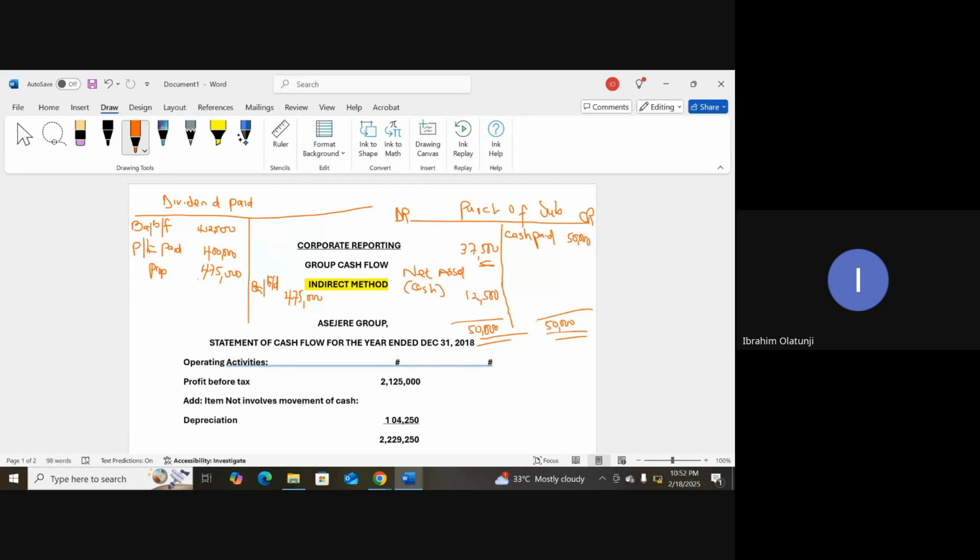Then add and subtract. You can do it by adding and subtracting. Then the difference will be your dividend paid to shareholder. Add and subtract to get your dividend paid to shareholder.